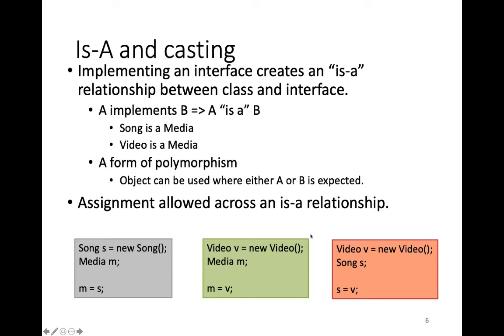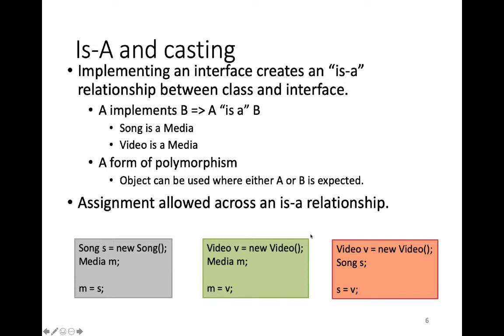So if I create a song, s equals new song, and I have some media reference m, then it is okay for me to say m equals s, because now m refers to the same object that s refers to, and that object, because it's a song, has an is-a relationship with media, and so that's fine.